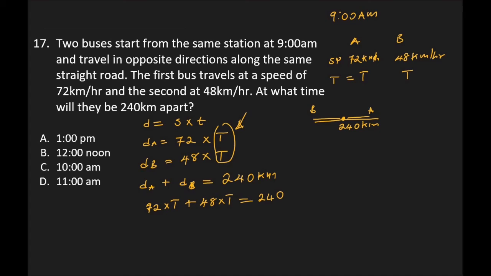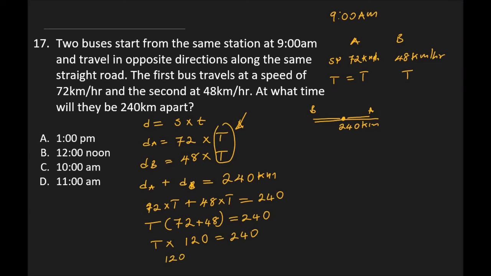So we can factor out time t, and that means we can have 72 plus 48 left in here equal to 240. 72 plus 48 is 120 equal to 240.